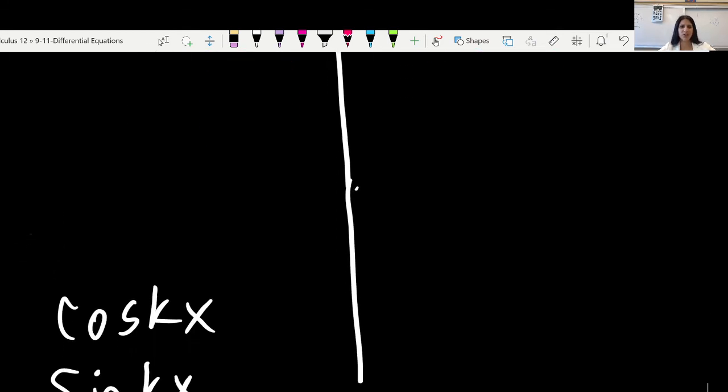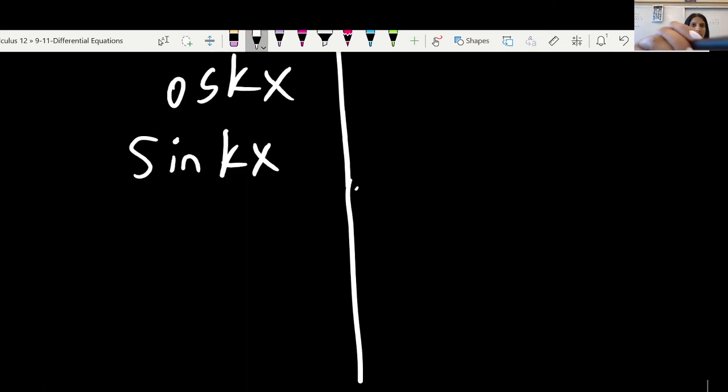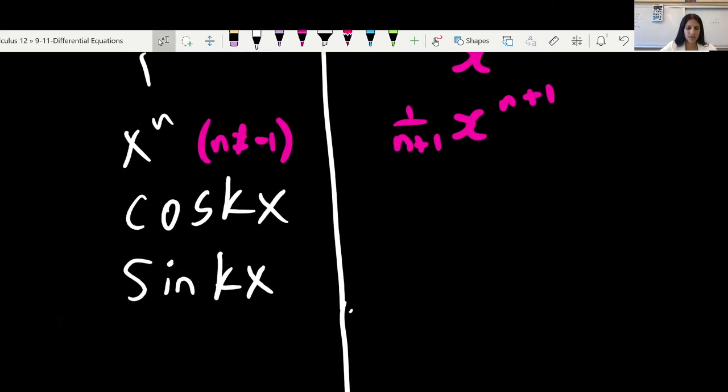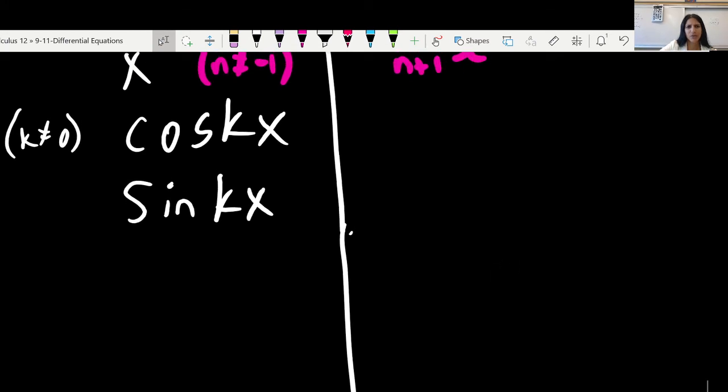So then we also could do cos of kx. So this stuff we did do, so it's fine. If we have cos of kx, and I'm going to say in brackets here, k cannot be equal to 0, then as we work our way through this, we already know what the derivative of cosine is, right?